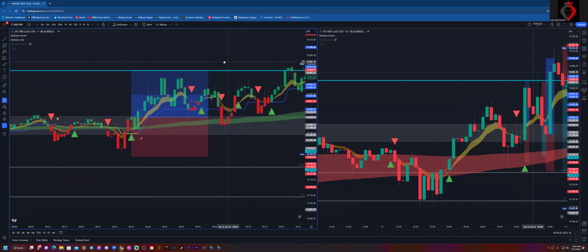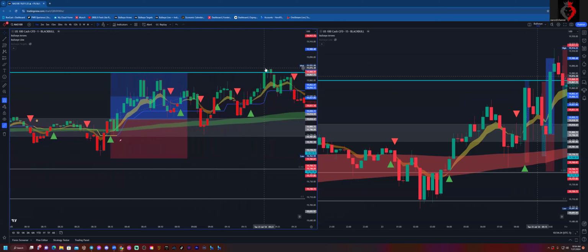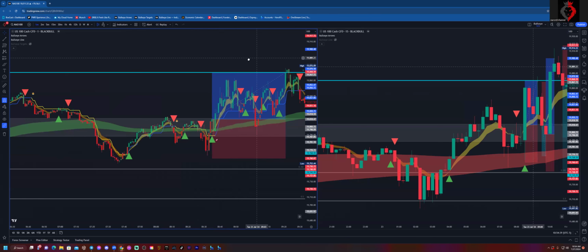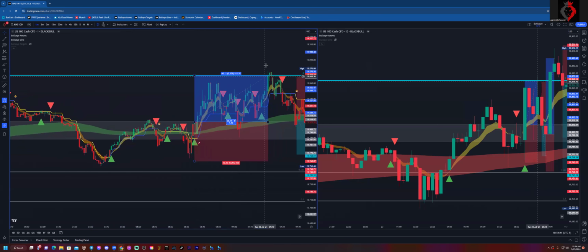So we could be ranging right here, and then you see right here at 9:20. We waited a long time for this one, from 8:35 to 9:20, almost an hour. So that's 1% right there, 60 points. That's it. You could be done for the day. Call it a day.